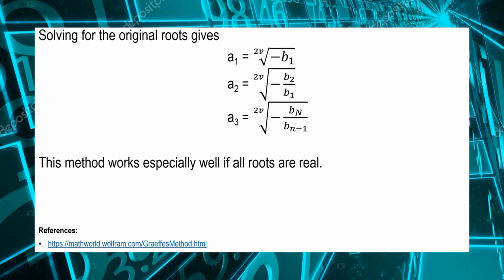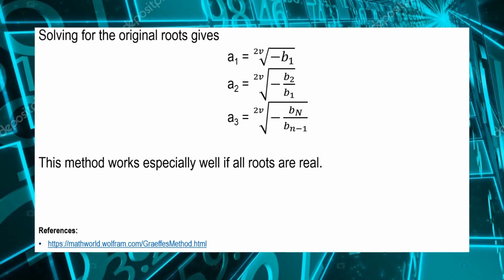So if we solve for the original roots a sub 1, a sub 2, a sub 3, our a sub 1 is equal to the 2b root of negative b sub 1, then the 2b root of negative b sub 2 over b sub 1, and our a sub 3 is equal to the 2b root of negative b sub n over b sub n minus 1.